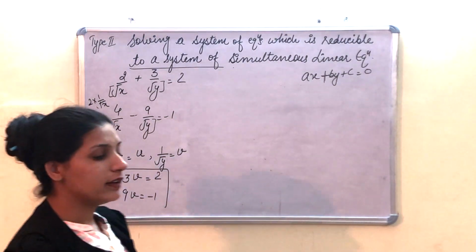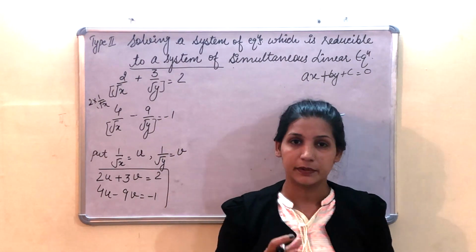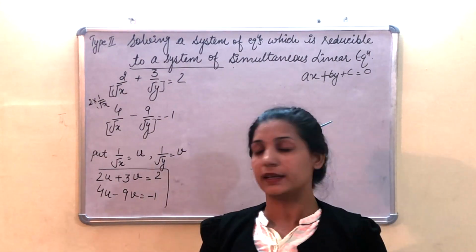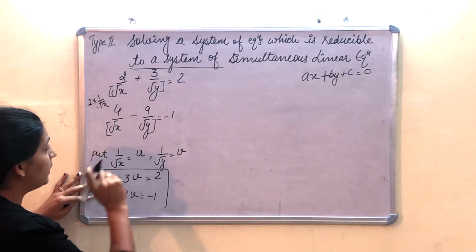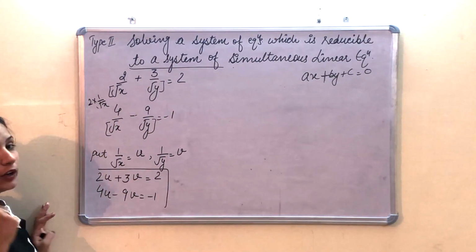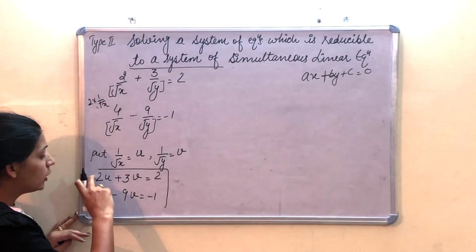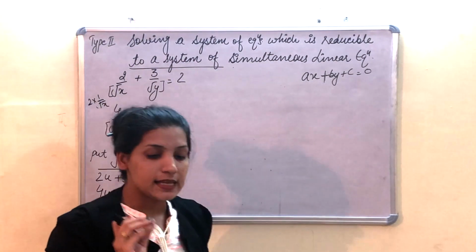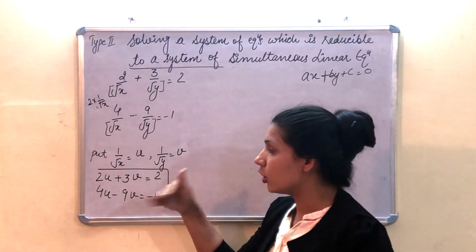Now it is our choice to solve these equations by any method: elimination, substitution, cross multiplication, any method. We solve this by the elimination method. What was the elimination method? We have to make the coefficients of any variable the same, whether of x or of y.